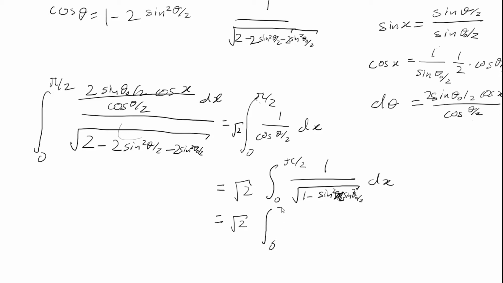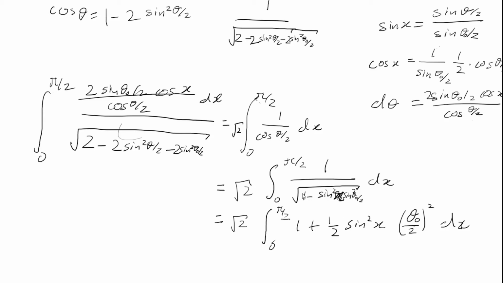So 0 to pi over 2, and doing the binomial theorem, it's going to be 1 plus 1/2 sine squared x sine squared theta naught over 2 dx. Which is kind of ironic here, we're going to make the substitution sine theta is approximately theta, and we're going to get theta naught over 2 squared.